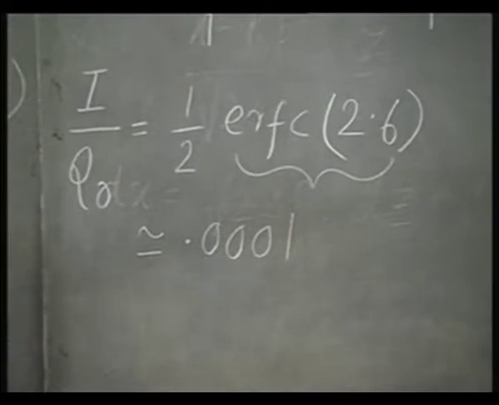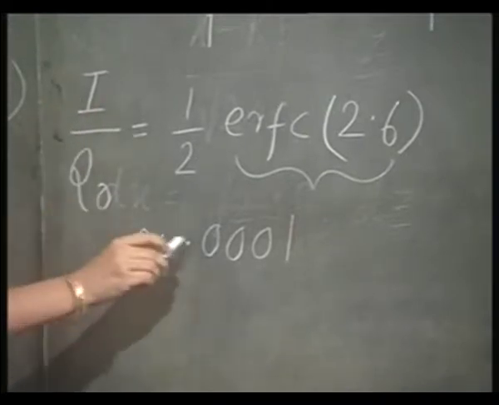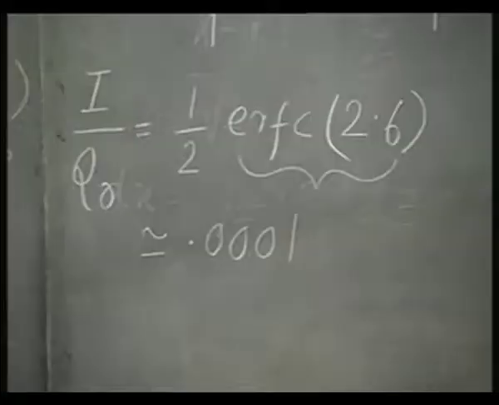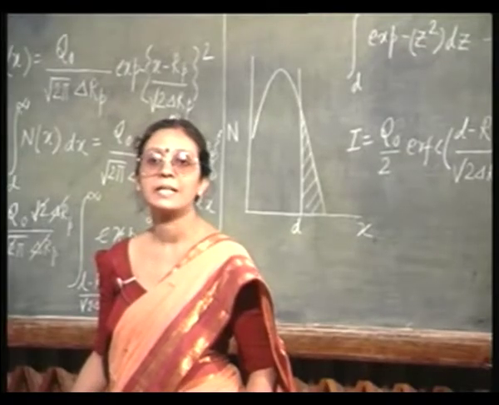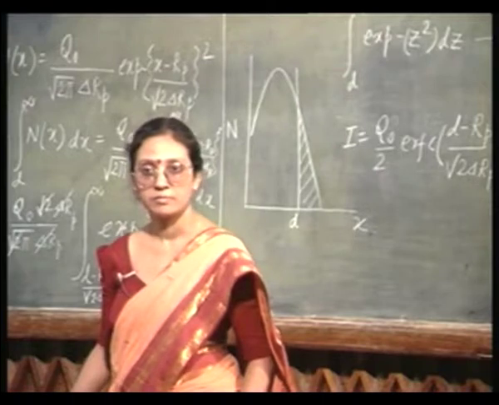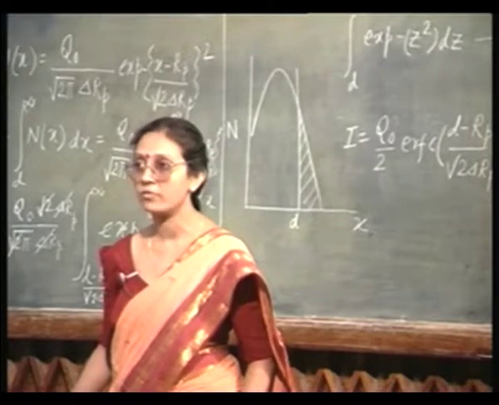That means I by q0 is only 0.0001, that is 0.0001th part of the total dose is going into the semiconductor. In other words, we will say that the masking efficiency of such a layer is 99.99%. That is the masking efficiency.